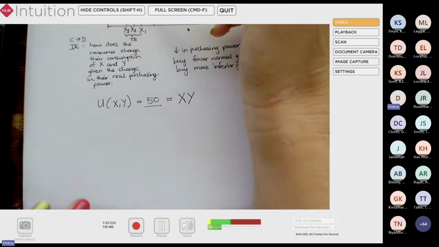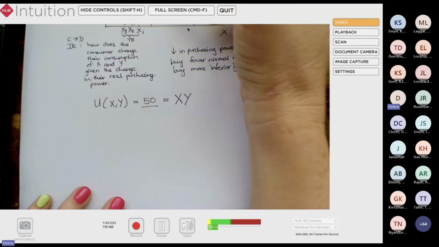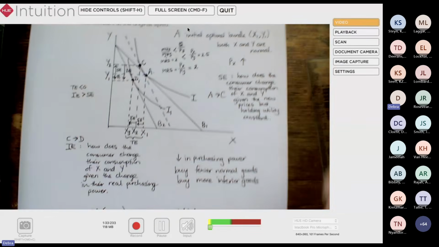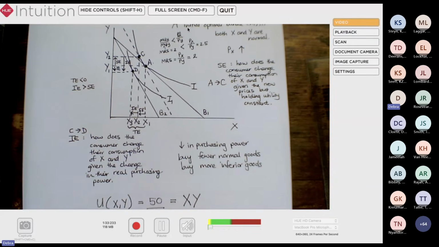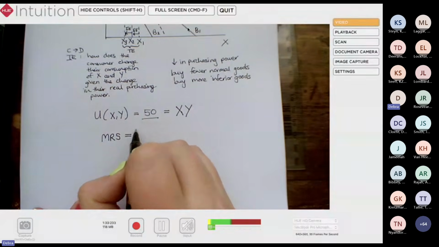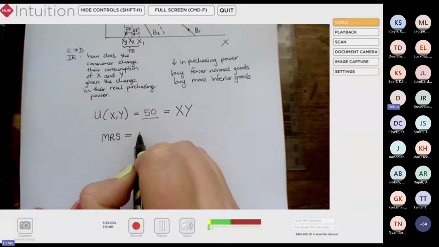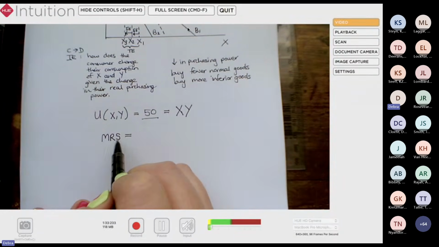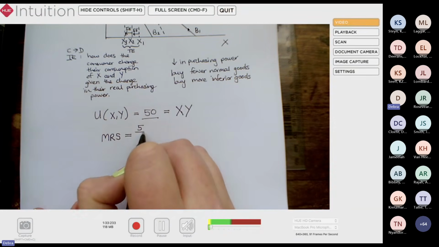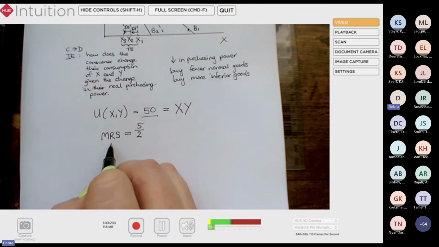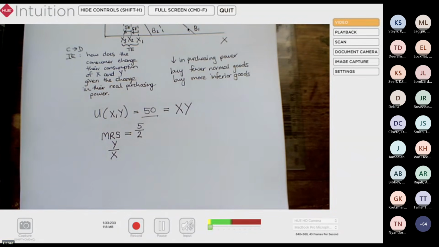I also then know that when I am at point C here in the substitution effect, my MRS must be equal to the new relative prices. So my MRS must be equal to 5/2. In other words, Y/X, which still is my MRS, must be 2.5. So Y must still be the equivalent of 2.5X.